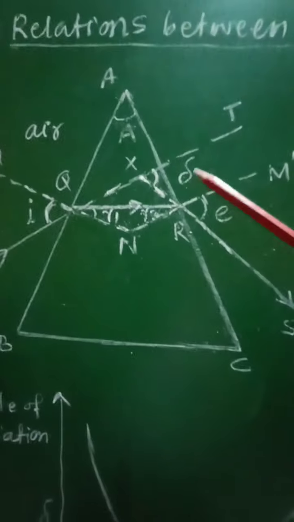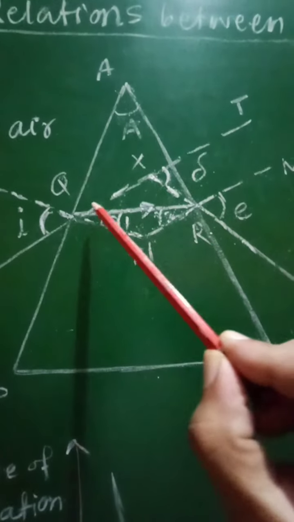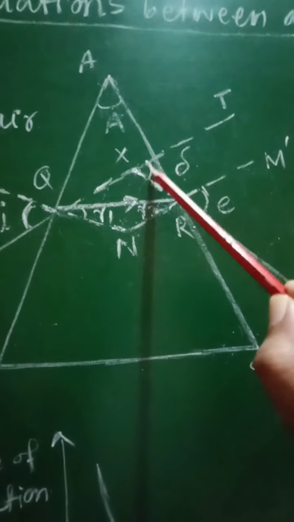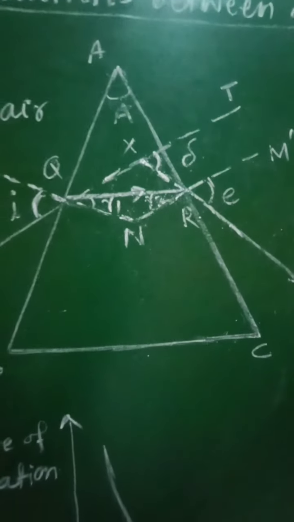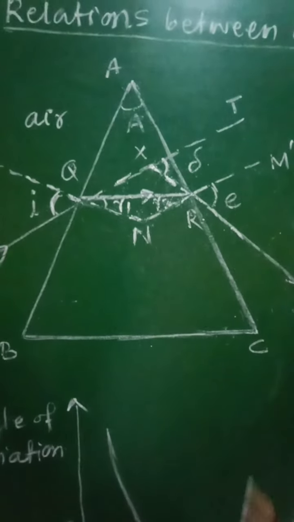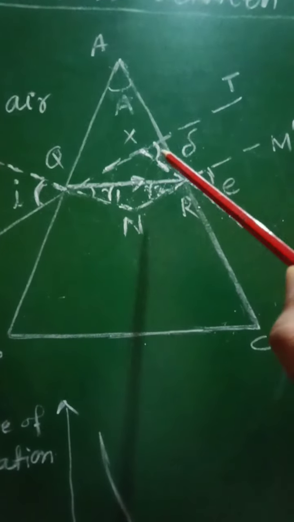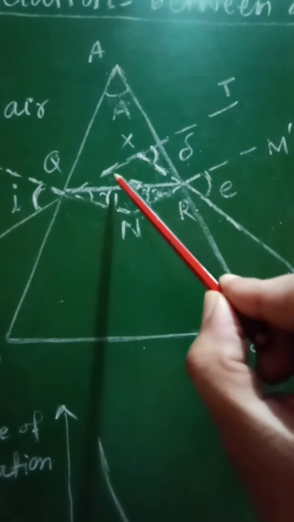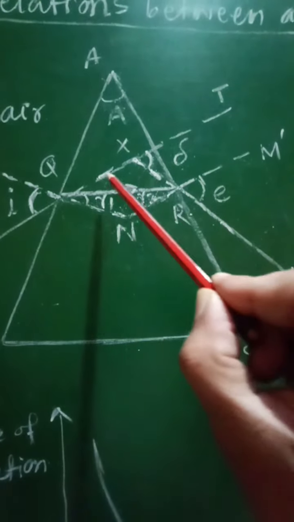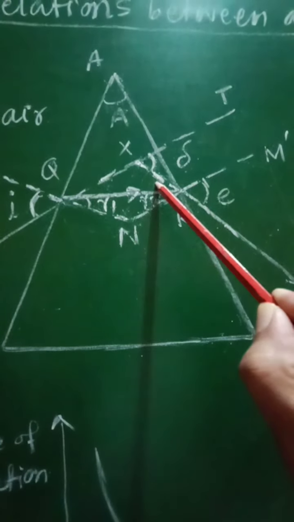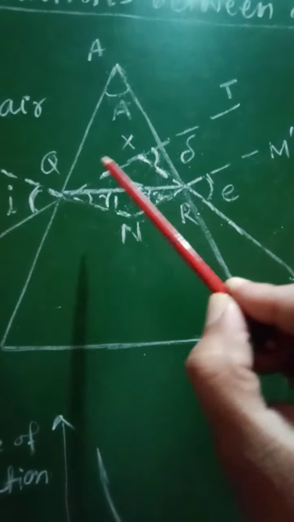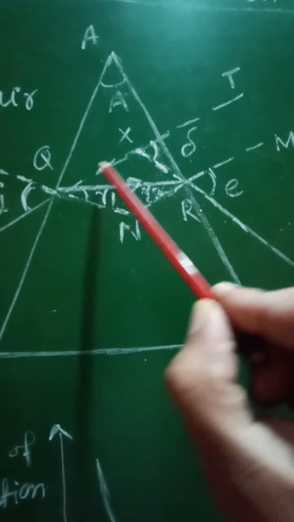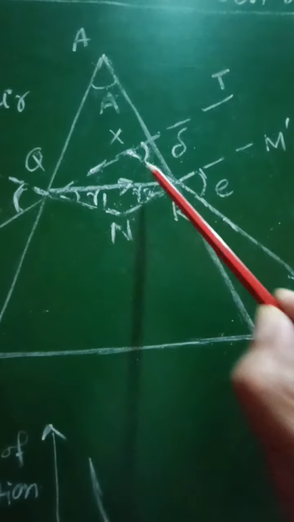Now again, if you consider this triangle XQR, delta is the exterior angle for that triangle, and therefore by using the property of exterior angle of a triangle, that is, the measure of the exterior angle is equal to the sum of the two remote interior angles, this delta will be equal to angle XQR plus angle XRQ.